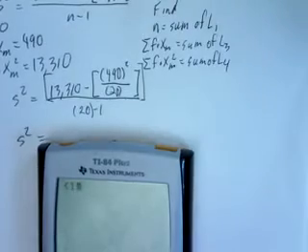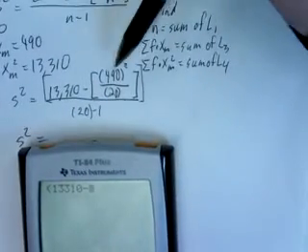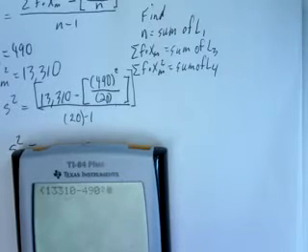The main divisor is n minus 1. So what we need to find is n, which is the sum of L1.